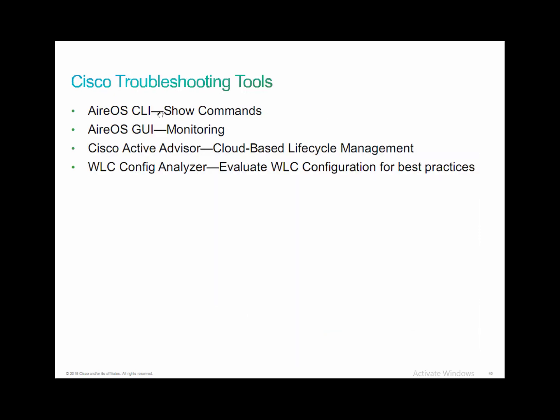Now, as far as Cisco tools go, we've got the CLI commands that we can use. The GUI. There's some troubleshooting tools built into the GUI. We have Cisco Active Advisor. That's our cloud-based lifecycle management tool for the management of different Cisco products. And then you have your wireless LAN controller config analyzer to evaluate the configuration for best practices and errors.